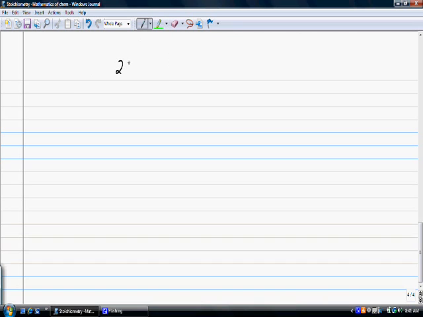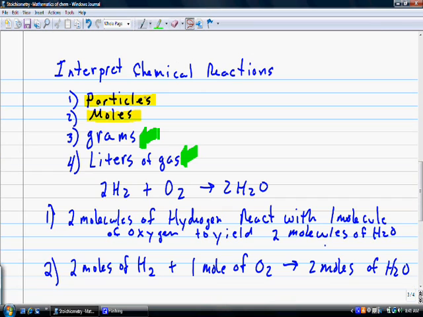And so we say we've got 2 hydrogen, back to our original reaction, reacts with 1 oxygen to produce 2 units of water. And we interpret these in terms of moles.